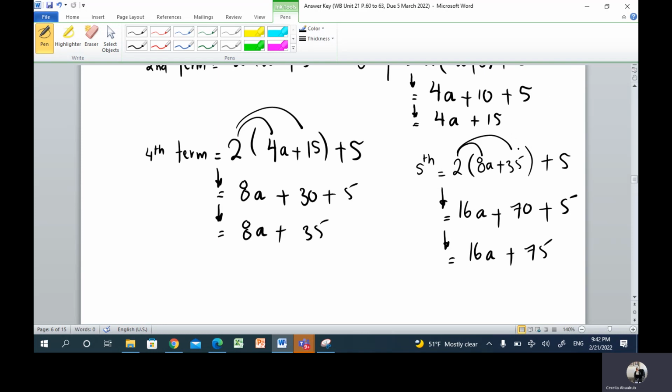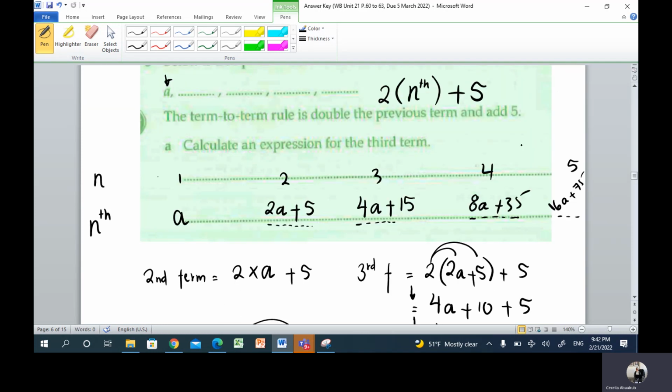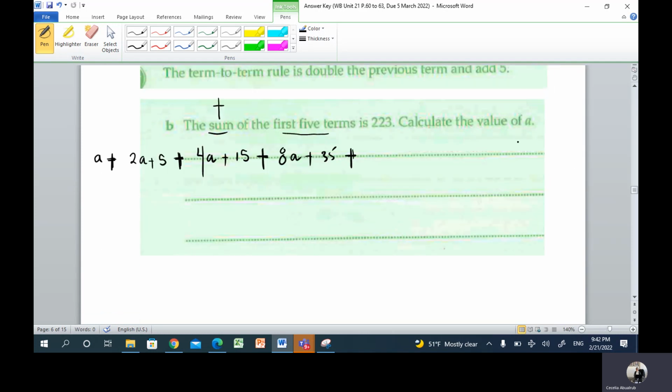The fifth term, which we found at last, is 16a plus 75. They are all equal to 223.